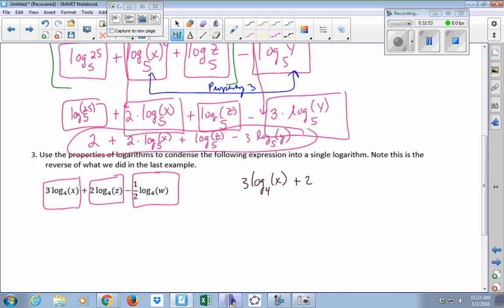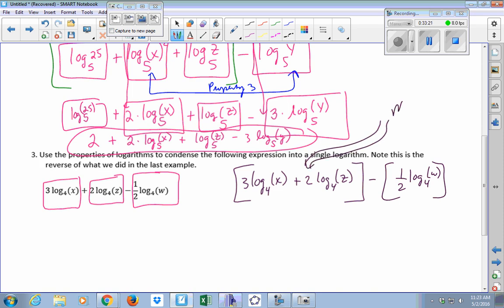Some people may start by just keeping each of these terms and saying, I know I would have to do this multiplication and then do my division. So some people might sort of group them like this. So they know that those first 2 terms are going to involve the log of a product. And then with that subtraction, you're going to end up dividing. So that's sort of like seeing the overview of the problem.